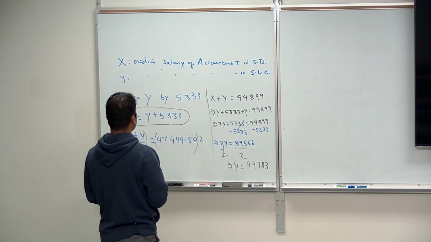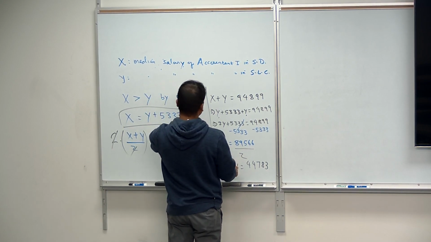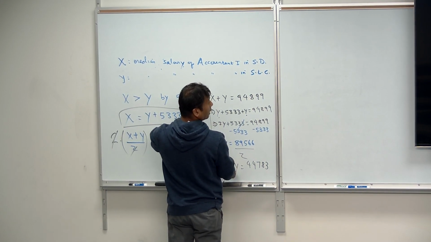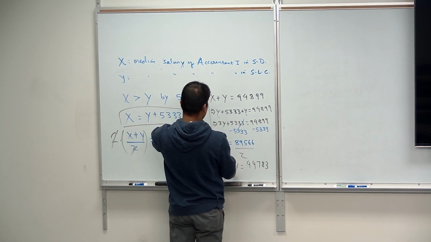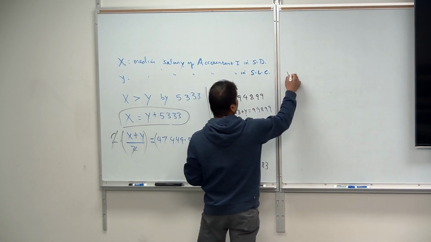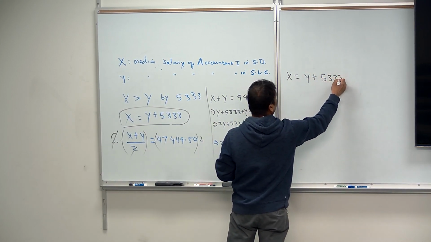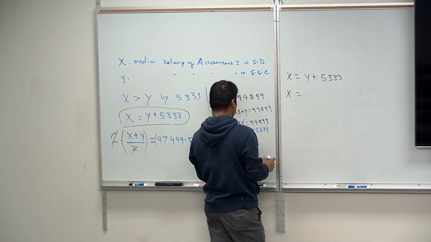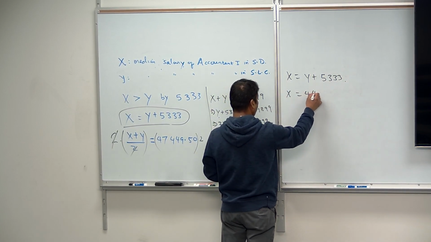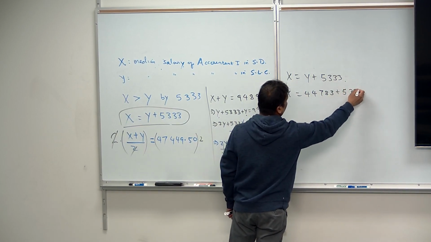So this is the median salary, right, of a county I in Salt Lake City. Now you need to find the value of X. So X equal to Y plus 5333. You plug in the value of Y from here. So this is 44783 plus 5333.